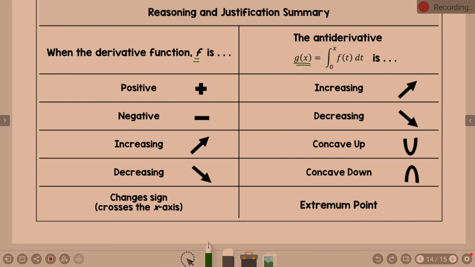So positive causes increase, negative is decreasing. When the second derivative was increasing, it caused the function to be concave up. Decreasing caused concave down. It's the same idea there. When something changes signs, those are our mins, maxes, our zeros, so to speak. Let me work on how I need to connect this better. I'm going to have to sit down and get my head straight first, because it's not clicking right now.